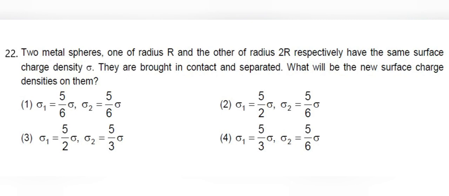Option 2, sigma 1 is equal to 5 by 2 sigma, sigma 2 is equal to 5 by 6 sigma. Option 3, sigma 1 is equal to 5 by 2 sigma, sigma 2 is equal to 5 by 3 sigma. Option 4, sigma 1 is equal to 5 by 3 sigma, sigma 2 is equal to 5 by 6 sigma.